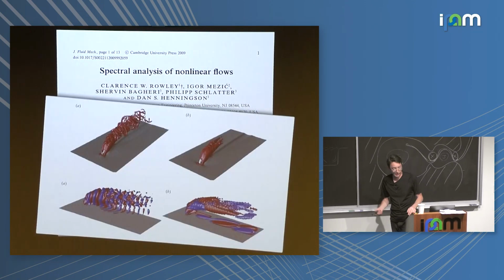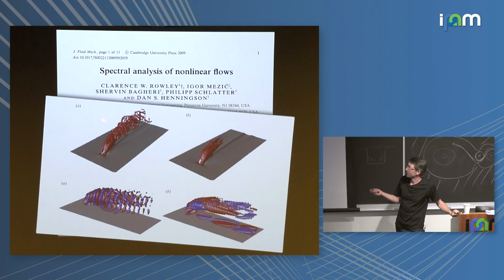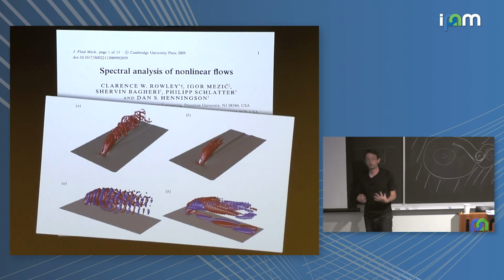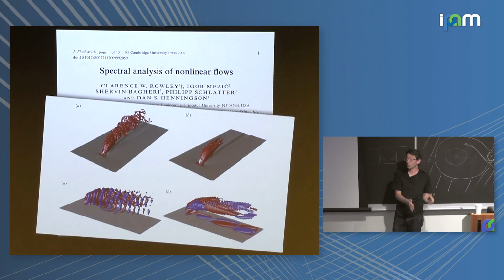Very soon after, Clancy Rowley, Igor Mezich, and others made a strong connection between the DMD and this notion of Koopman operator theory. How many of you have heard of Koopman? How many haven't? Okay, I'm going to talk about Koopman in the next segment. But basically, they gave a theoretical foundation for why sometimes you can describe nonlinear systems using these extremely oversimplified linear approximation techniques.